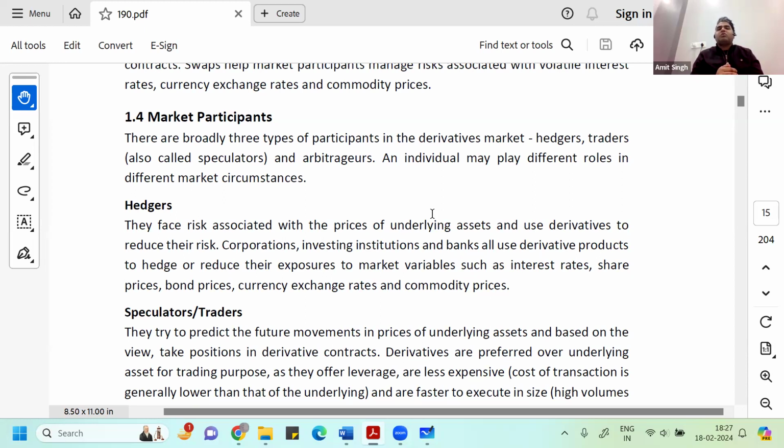Now here I will talk about market participants. Broadly, in the derivative market, we have hedgers, speculators, and arbitrageurs. So what are hedgers? Hedgers are those people who consider the derivative market as an instrument through which they can minimize risk.